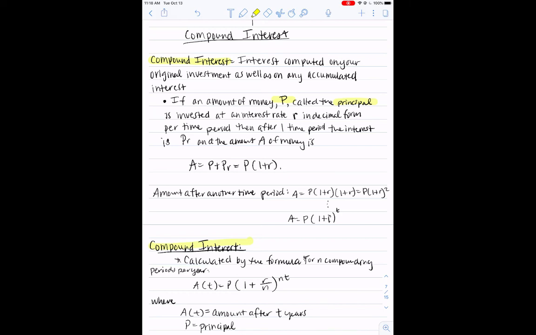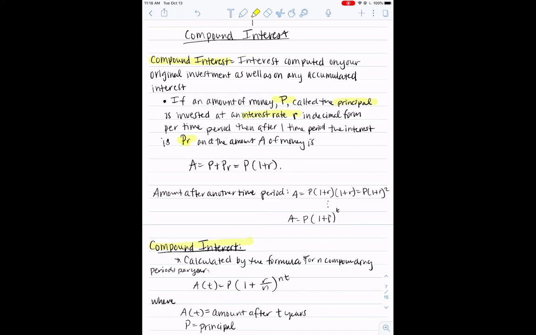And I'm going to invest it in a bank, and they have an interest rate r. And our interest rate is a percentage, but we represent that in decimal form per time period. Then after one time period, the interest is P times r, because I multiply my interest rate by the amount of money, which is my principal.